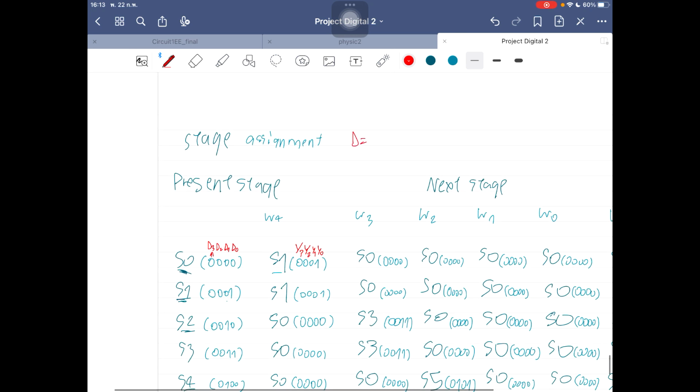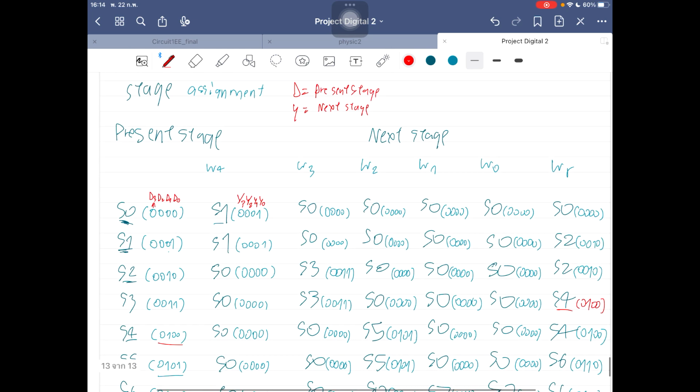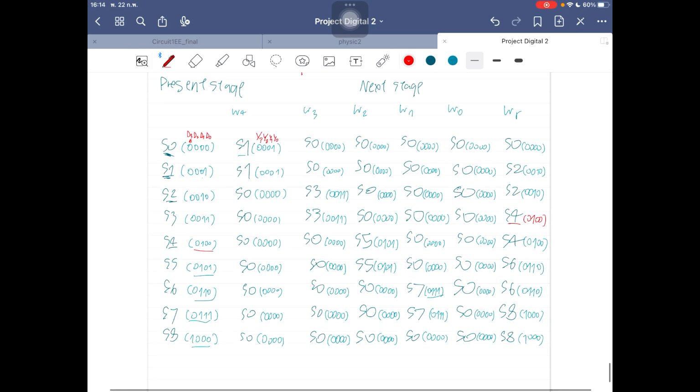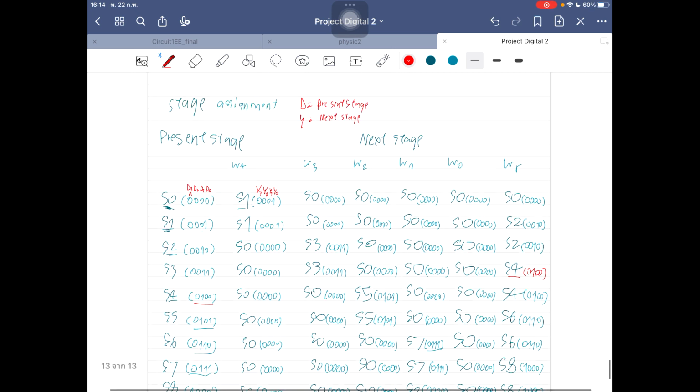D is in the present state, that we want to calculate in the future, and Y is in the next state. Like this. And this is my state assignment.